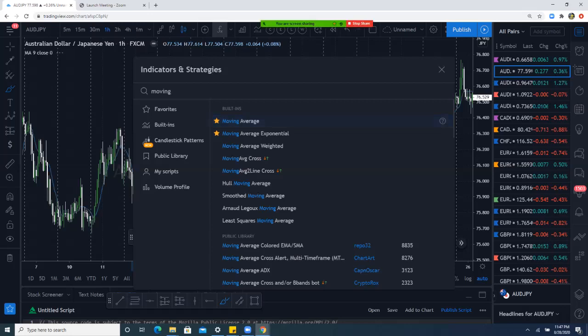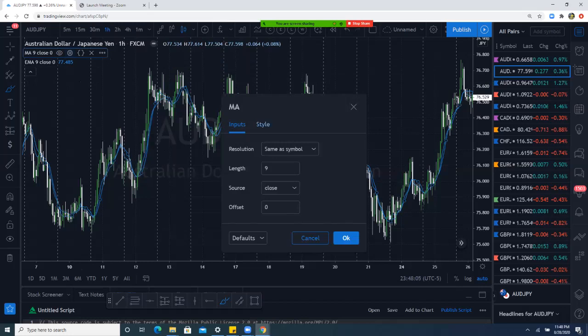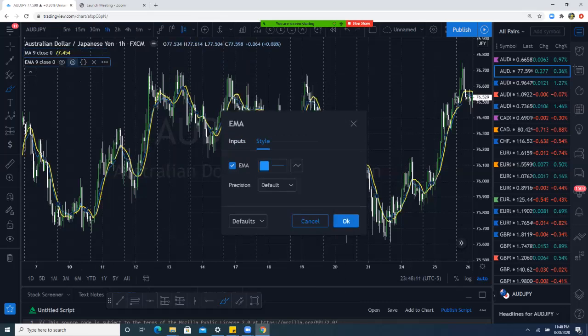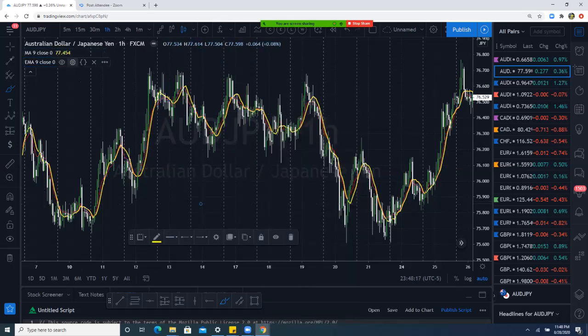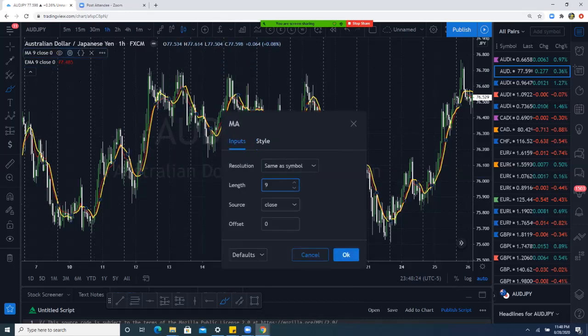So to illustrate that, I'm going to put both moving averages on here. I'm going to make the simple moving average yellow and make it big, and make the exponential moving average red and make it big. Then I'm going to make it a 50 period moving average.